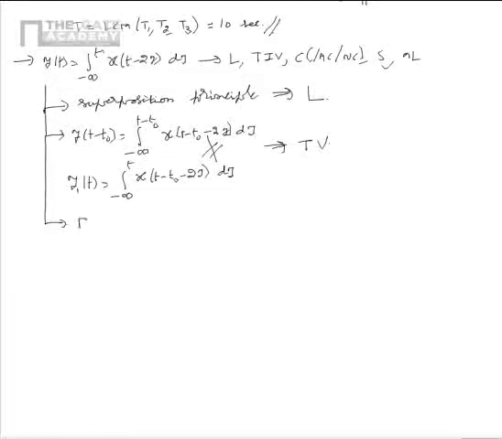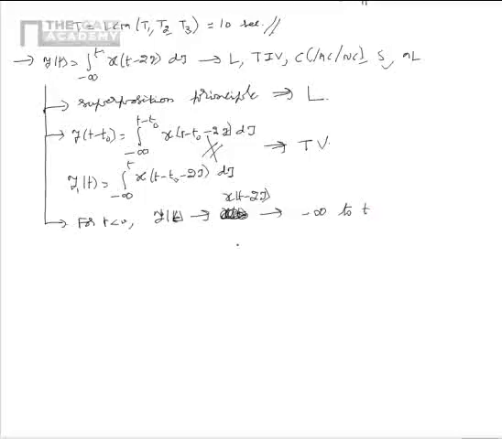Now we see that for t less than 0, y of t is the integration of x of t minus 2 tau over the interval minus infinity to t.